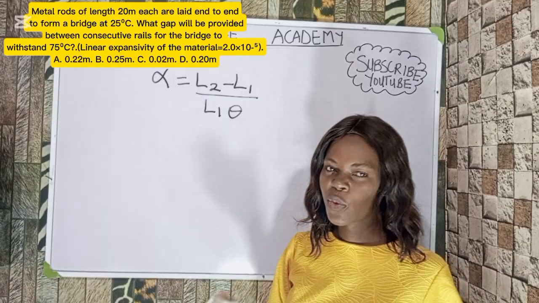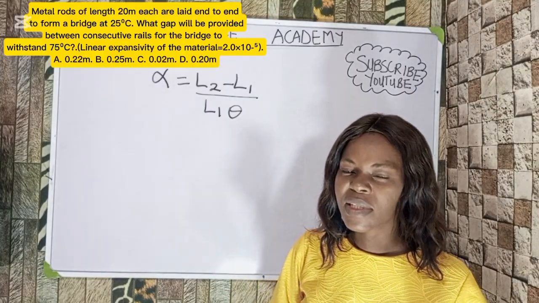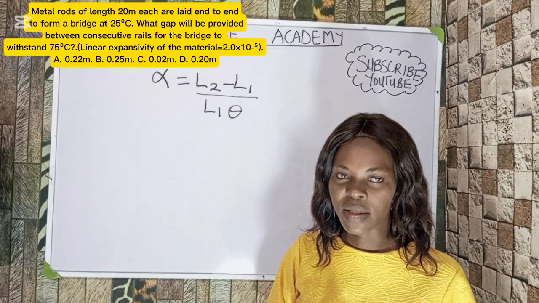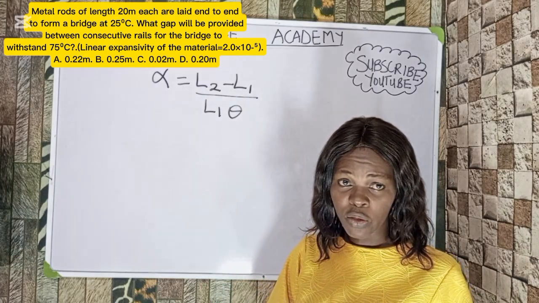Now from the question, what are we looking for? The definition says that linear expansivity is defined as the increase in length per unit length per degree rise in temperature. So if I state it the way they define it, you're going to see what you're actually looking for.